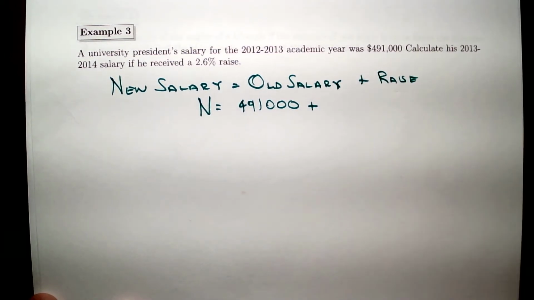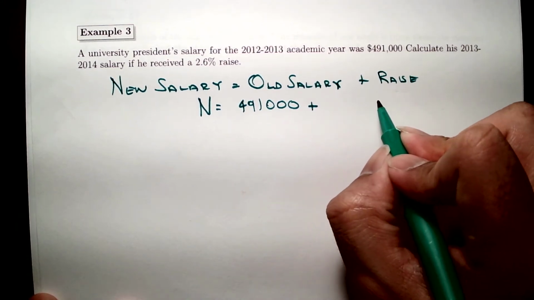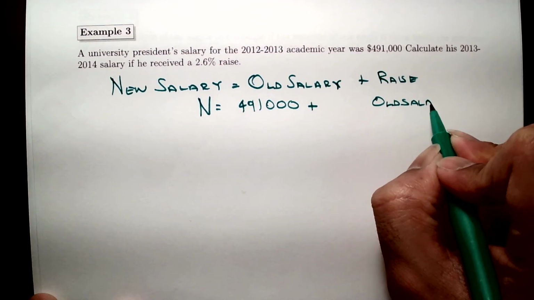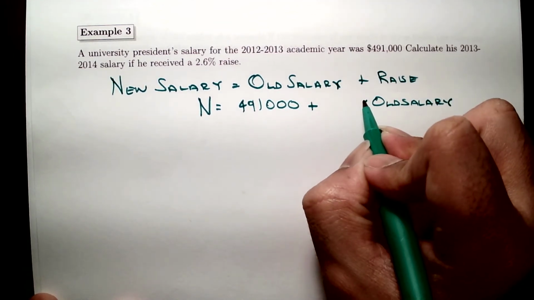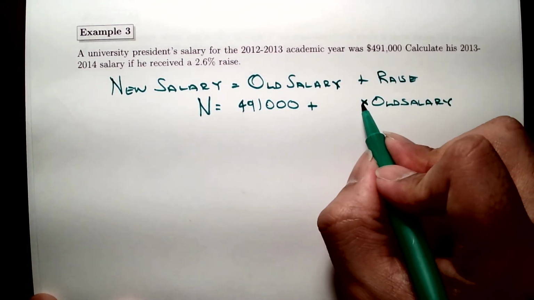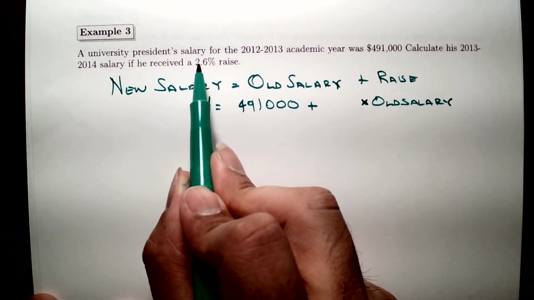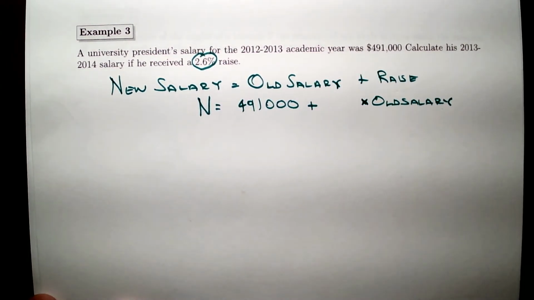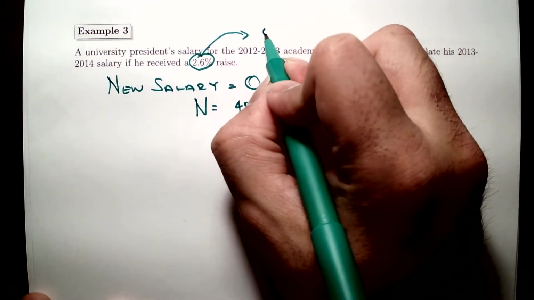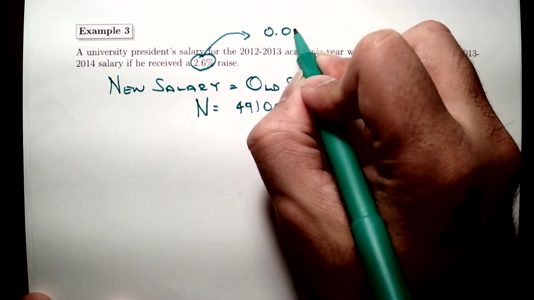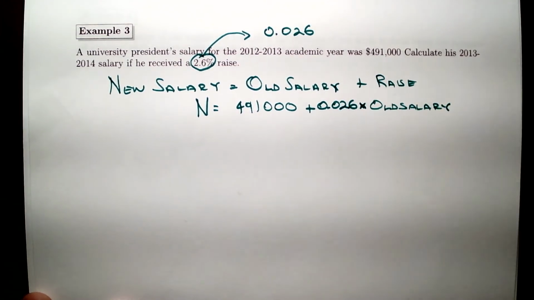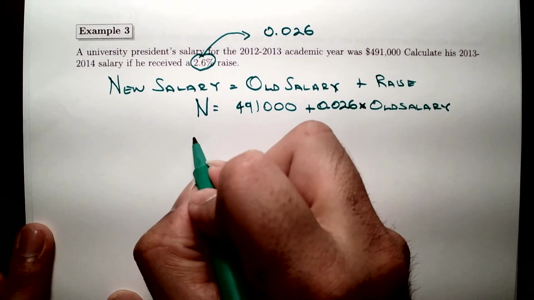The raise will be the old salary times whatever the raise is, which is 2.6%. But remember, we don't write percentages in an equation, we need to change this to a decimal. So this will be 0.026.